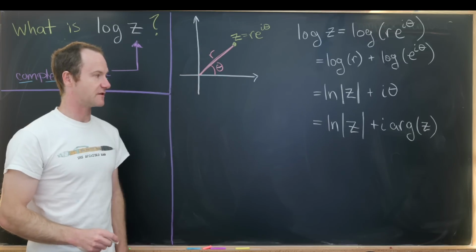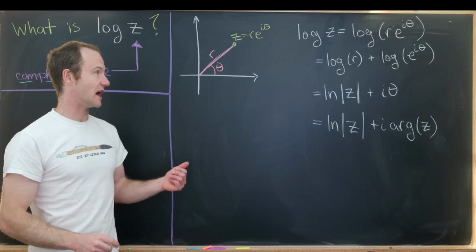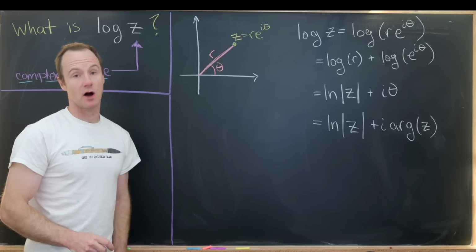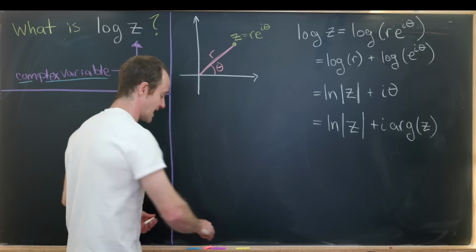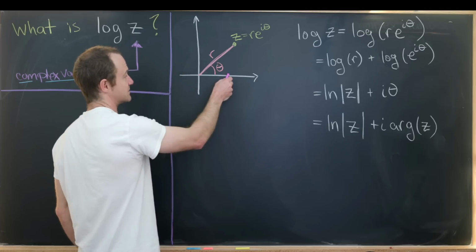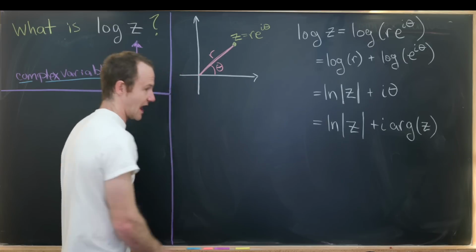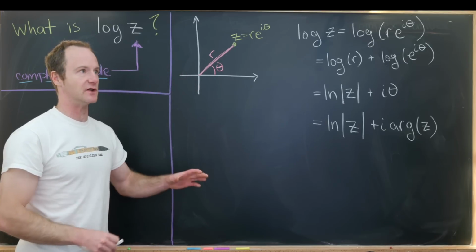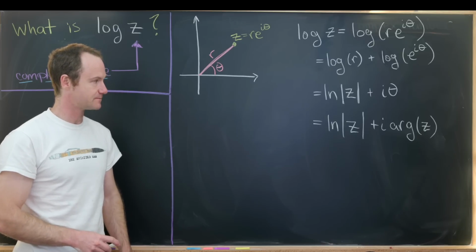But let's recall that this argument of z could take on infinitely many values, but that means this logarithm can also take on infinitely many values. So we have this principal value that's between negative pi and pi, but then we have infinitely many more values that are multiples of 2 pi added on to that.